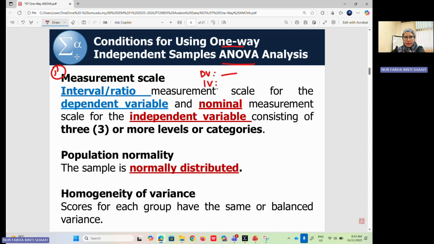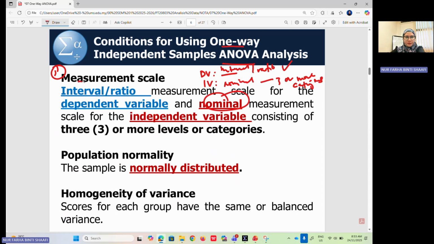For the IV, it should be nominal, and the nominal should have 3 or more categories. If you ask me, doctor, what if we have only 2 categories? You cannot use one-way ANOVA. You need to use independent sample t-test instead, because there are only 2 categories or 2 groups under your IV.